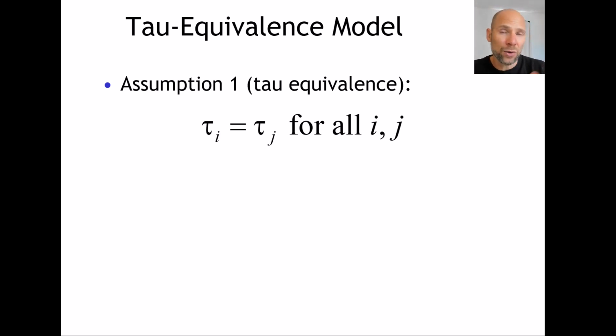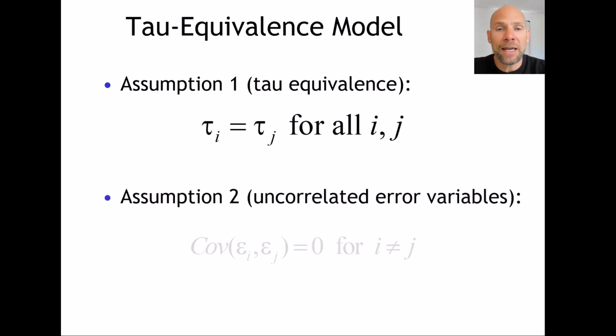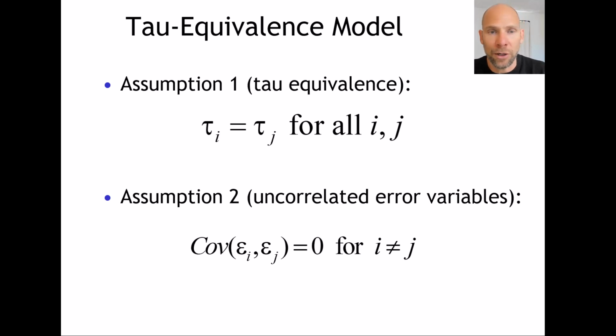We're now still assuming equal means. However, we're no longer assuming equal error variances in the tau-equivalence model, and instead we only maintain the assumption of uncorrelated error variables, which we actually maintain in any classical test theory model. So this last assumption here is always made in all of the models.